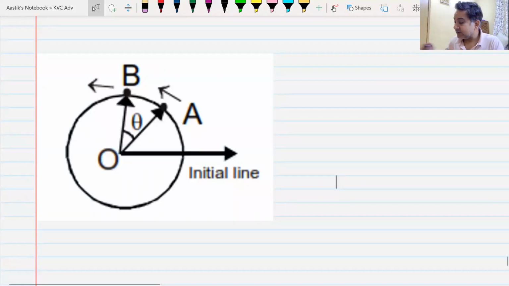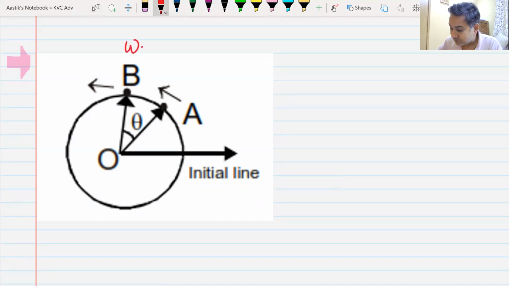Say, for example, these are the two bodies that are moving in the same circular orbit, same radius. B is rotating with an angular velocity of omega b, and A is moving with an angular velocity of omega a. Now, if omega a is more than omega b, A is going to catch B, yes or no?